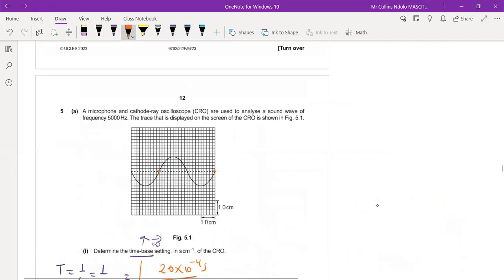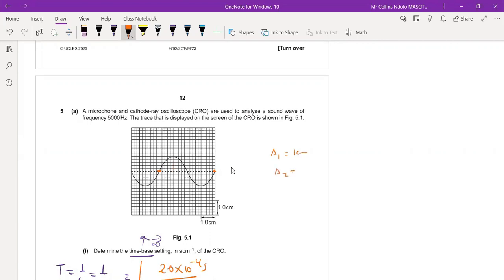times that of A1. So if I look at this one here, for the amplitude, I'm seeing from the mean direction, we have 1, 2, 3, 4, 5. So the amplitude here, which I consider to be A1, is 1 centimeter.